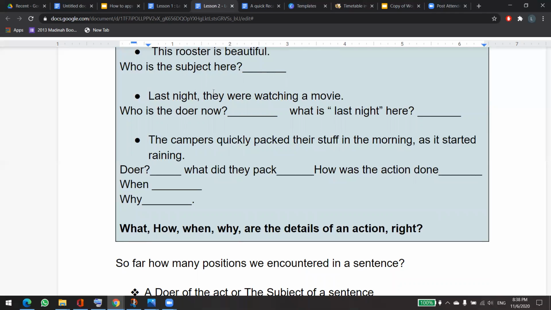And what were they watching? Movie. Movie is the object or the detail about the action. And another detail is here: last night. When was the action going on? So when, again, a detail about the action. So there are two details over here: last night and movie. Got it?